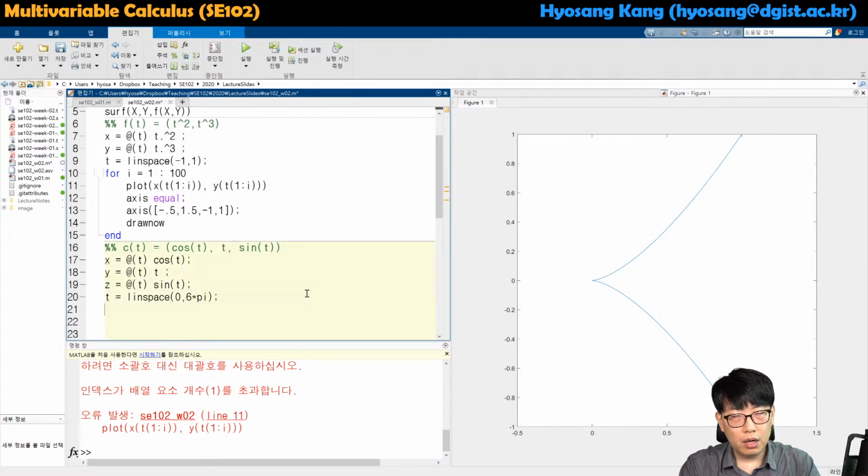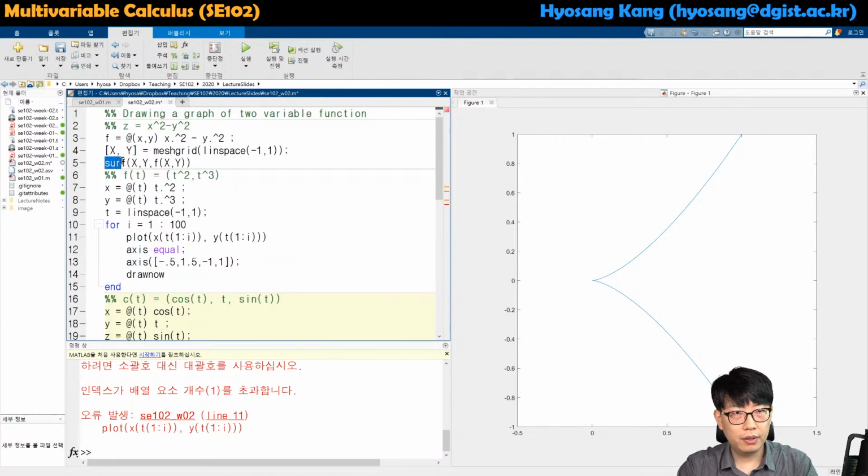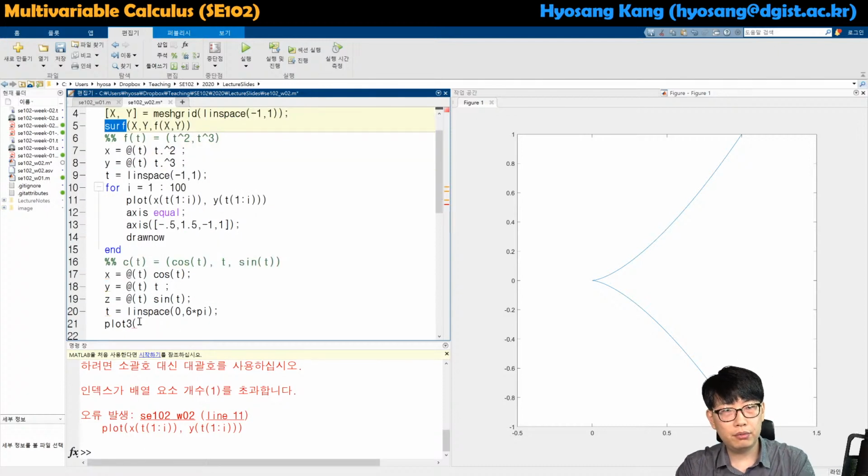Now I need to draw a line in 3-dimensional space. So instead of plot, I use plot3. Basic plot is for 2-dimensional plots, plot3 is for 3-dimensional plots. But this is different from the surf method. Surf draws a surface, plot3 draws a line, a line in 3-dimensional space.